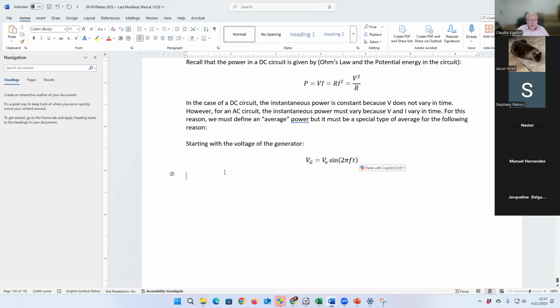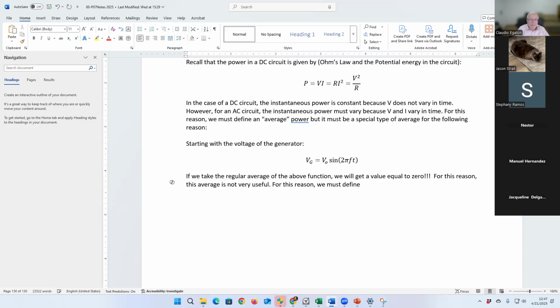If we take the regular average of the above function, we'll get a value equal to 0. So this average is not very useful.